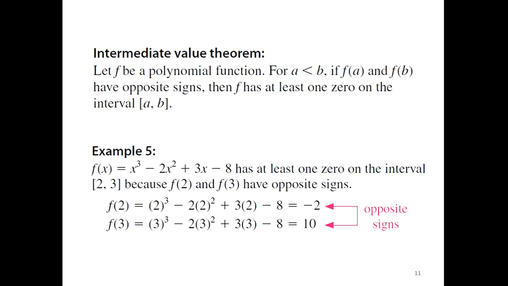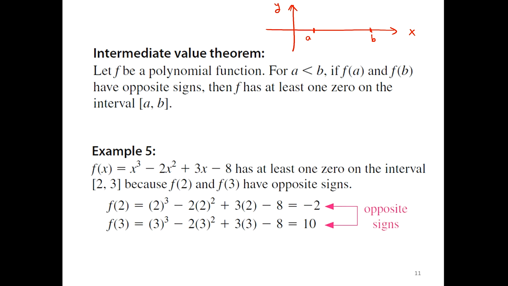How can we verify if we have zeros of a function without drawing? We can verify by the intermediate value theorem. If we have f of x, and we have a and b, with a less than b, and f of a and f of b have opposite signs, meaning one negative and one positive.